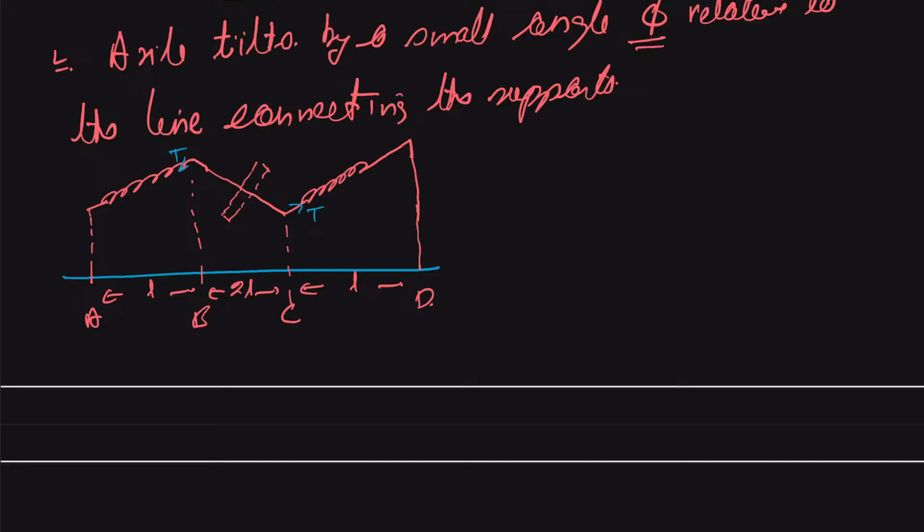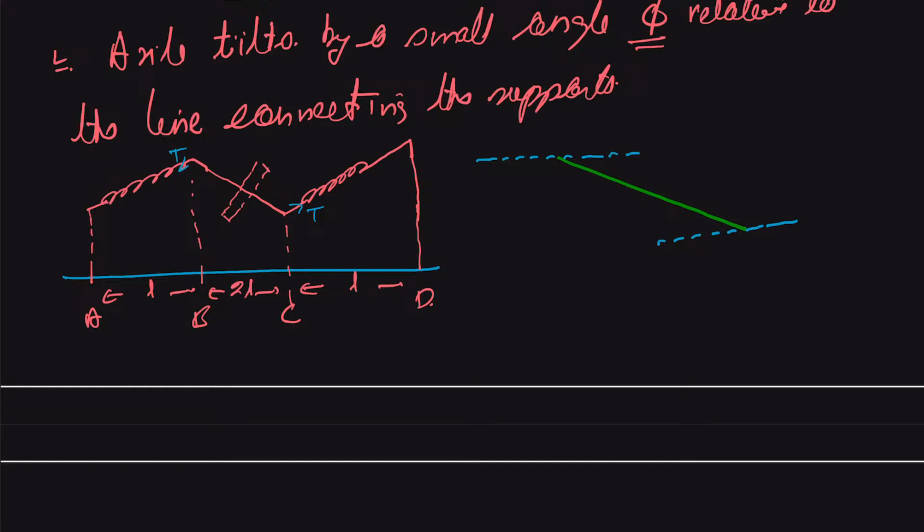And we can just draw our phi also. This is our axle, and the original position, let us call this our horizontal here, and here also horizontal.